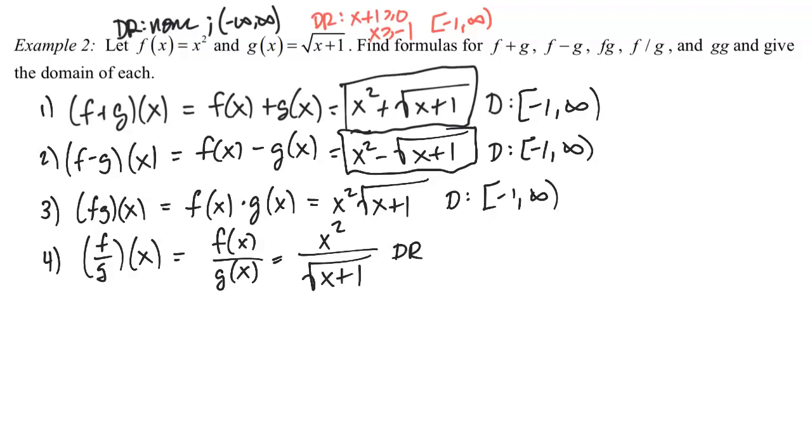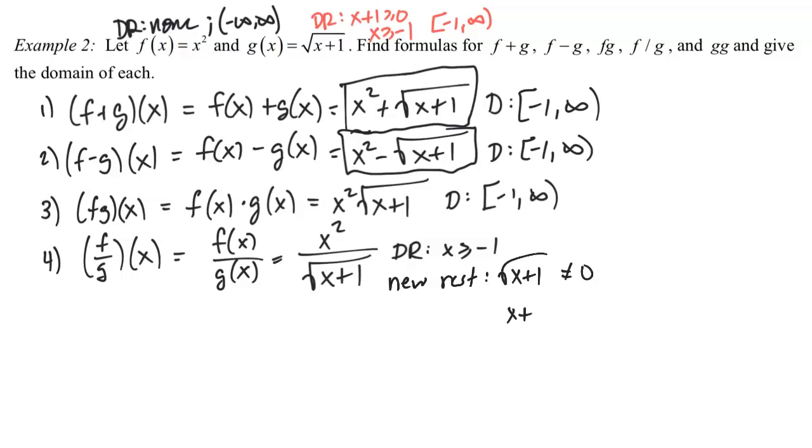So if we think first about the domain restrictions, I know that x has to be greater than or equal to -1. That carried over from the restriction up here on g of x. But the new restriction is that, to be careful here, the square root of x plus 1 cannot equal 0 because it's in the denominator, and the denominator has a restriction that it cannot equal 0.